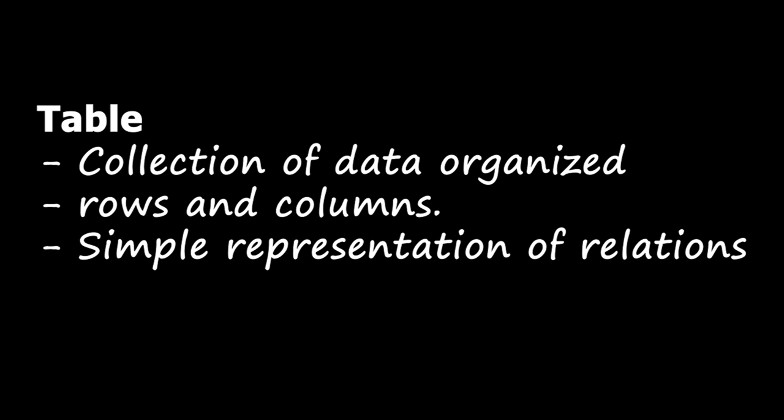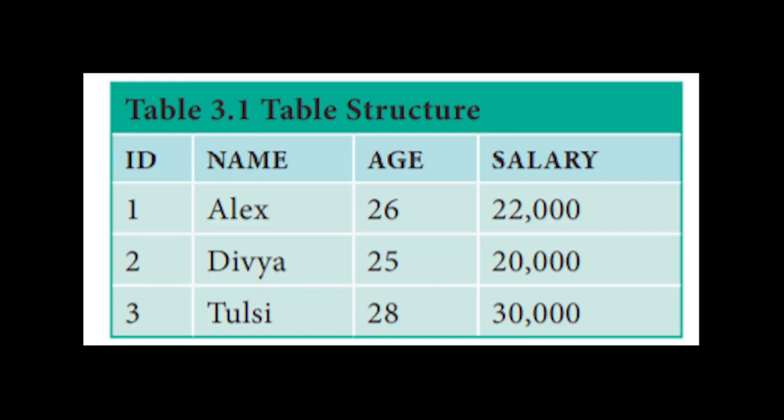True relations cannot have duplicate rows. Understood? Here in this table, the name is Alex, the age is 26 and the salary is 22,000. The same thing can't come in another row. So this table is a simple representation of relations, and true relations cannot have duplicate rows.